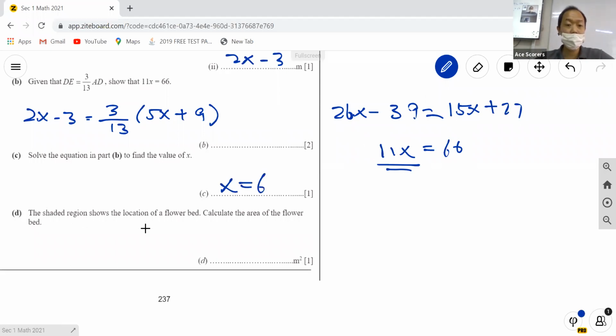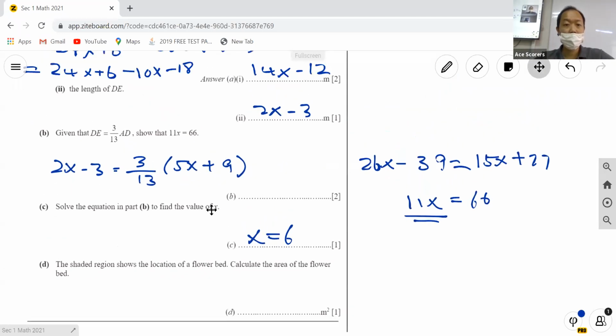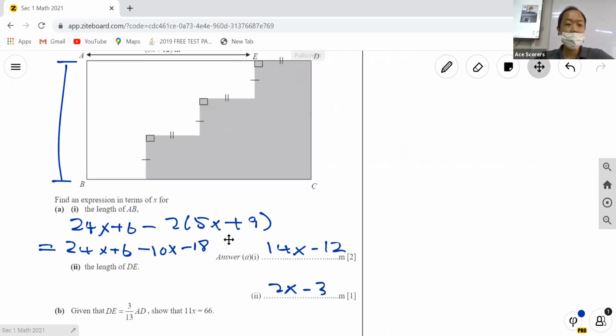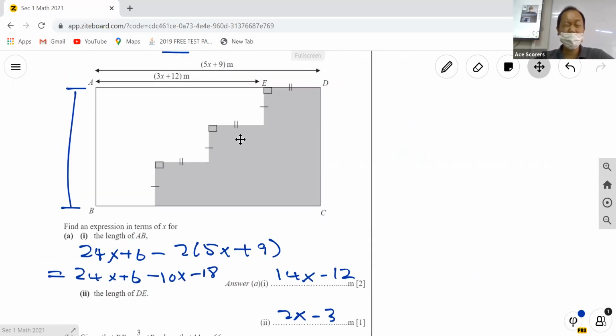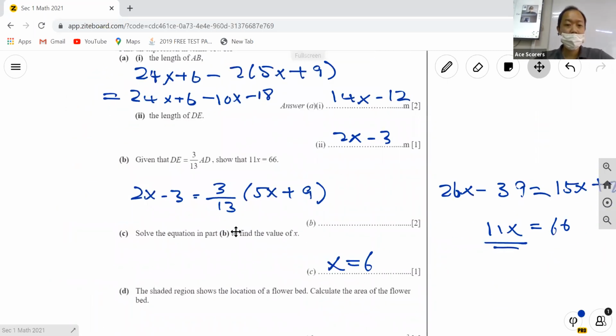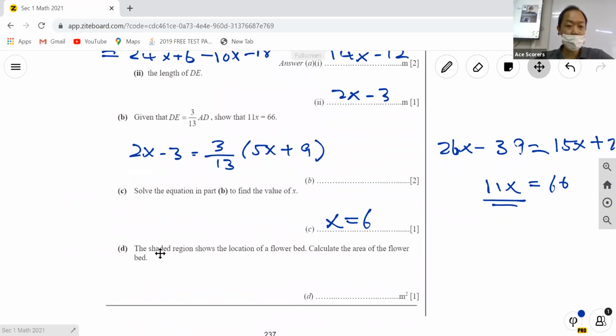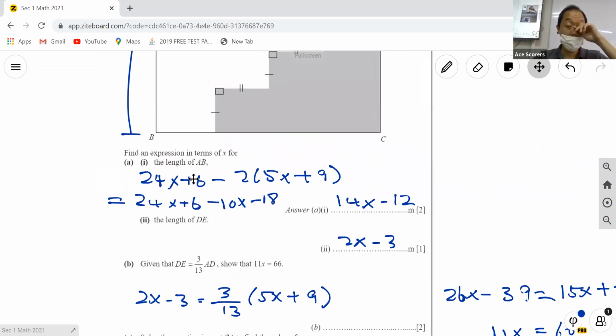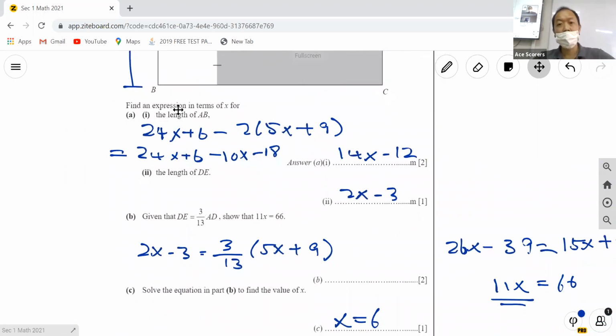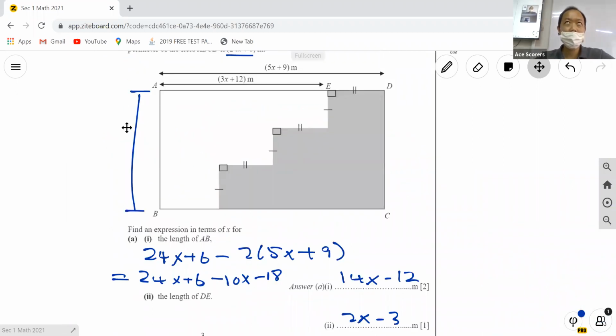And last but not least, how about the area of the flower bed? Oh man, this one I want to skip, it's a bit tedious. Because I know AB, I'm just going to share how it works.